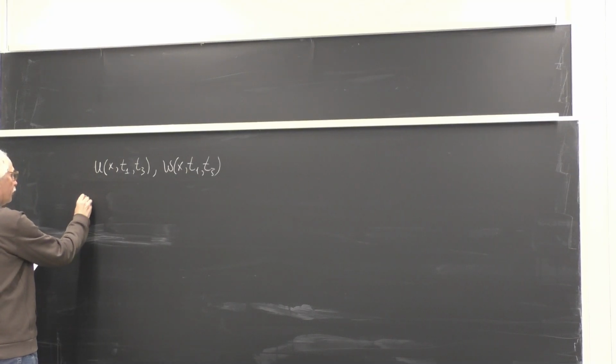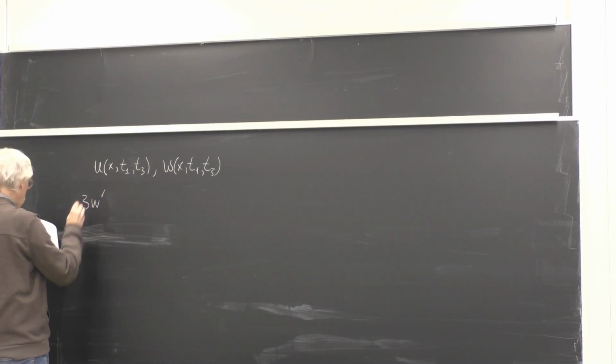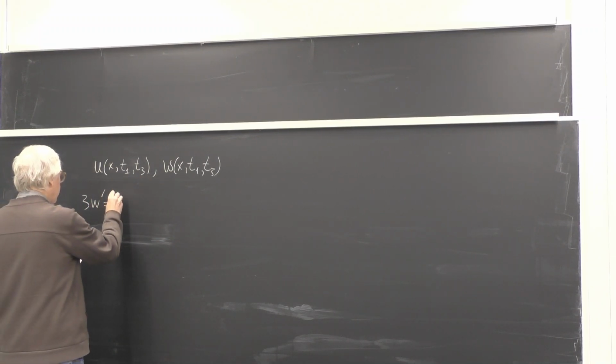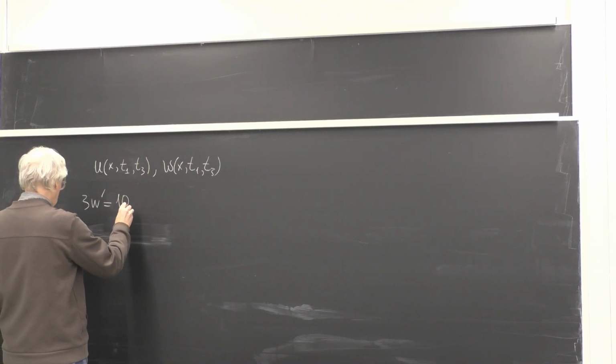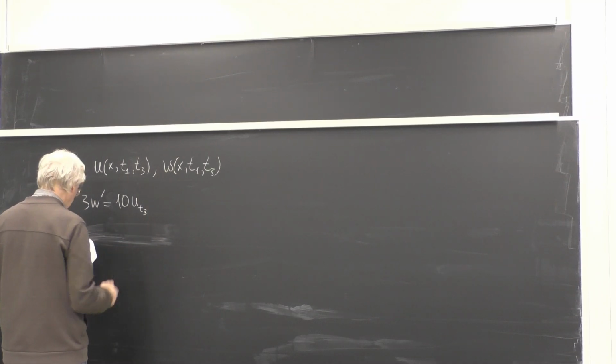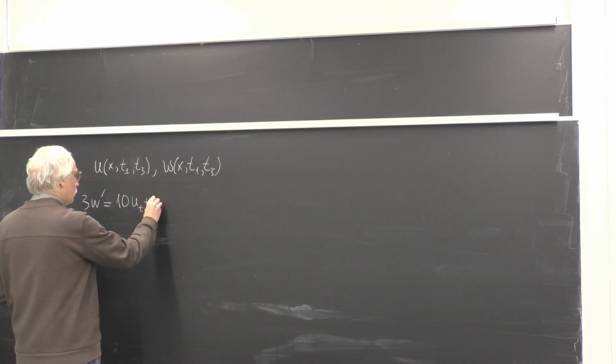And the system is as follows. Prime means derivative in x. This is partial derivative in t3.